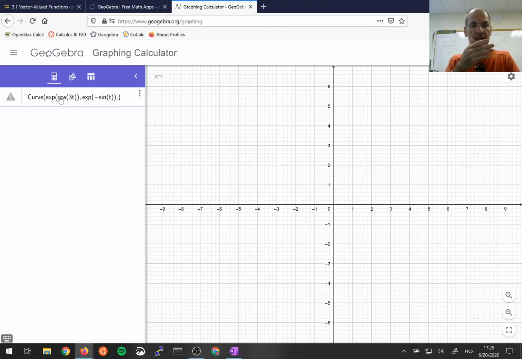I think I'm being really careful with my parentheses here. Okay, I think that's good. So that's the x-coordinate and the y-coordinate function, t. And then where do I want it to start? Well, I see sines and cosines. And just for the heck of it, I'm going to start with t equals 0, and let's go out to 2 pi, like that.